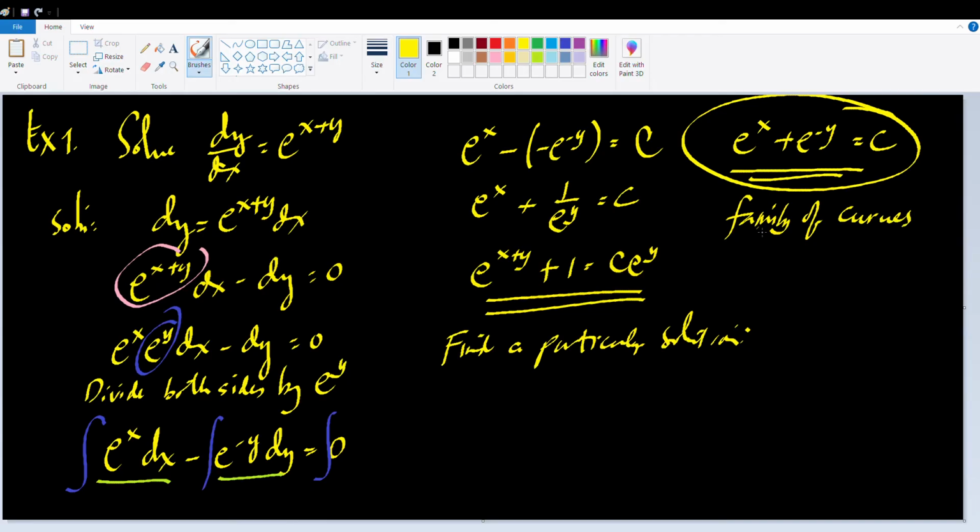So say we represent this family by these curves. Then we want to find a specific member of the family, say the one passing through the point 1, 1.